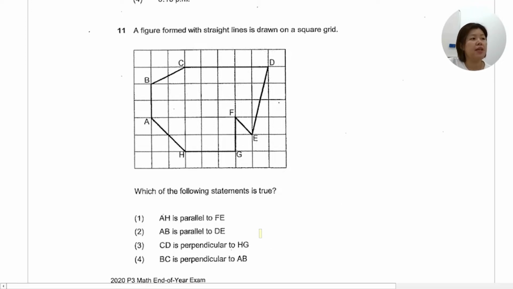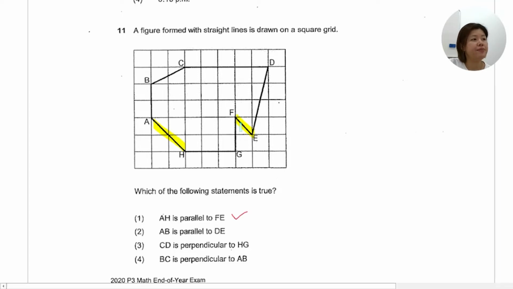It mentions that AH is parallel to FE. Yes, you can see the lines don't meet even if I extend all the way. So this is correct, but we will double check again the rest.